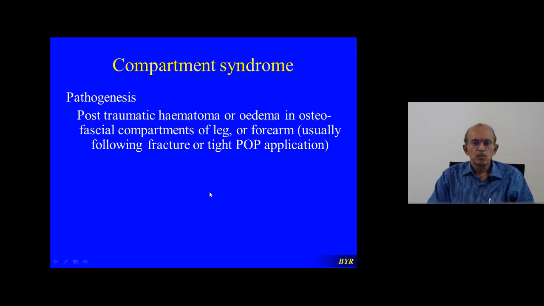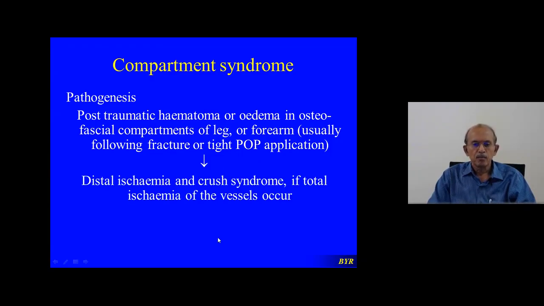Pathogenesis: post-traumatic hematoma or edema in the osteofascial compartment of the leg or forearm, usually following fracture or tight POP application, leads to distal ischemia because of vascular occlusion. And crush syndrome, that means the muscles are crushed, leading to liberation of myoglobin, myoglobinuria and renal failure.